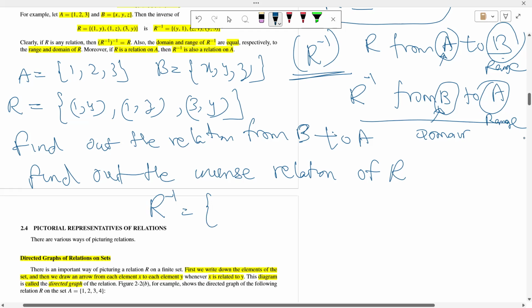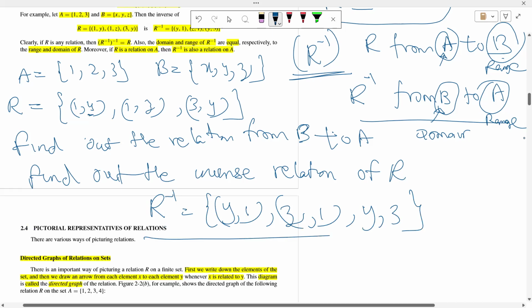In the relation, you are taking the first element from A and the second element from B. But if it is an inverse relation, the first element is from B. So your inverse relation is (Y, 1), (Z, 1), and (Y, 3).